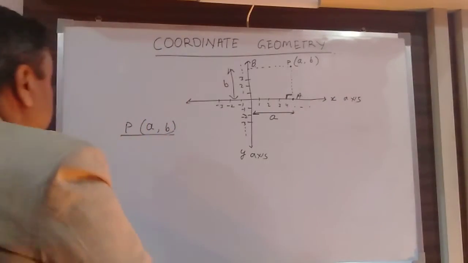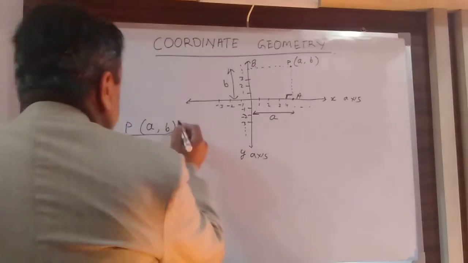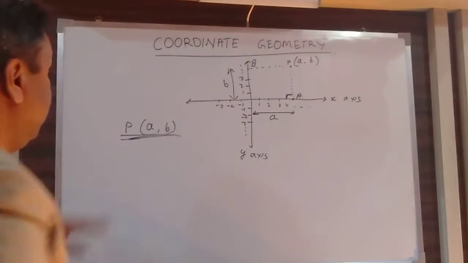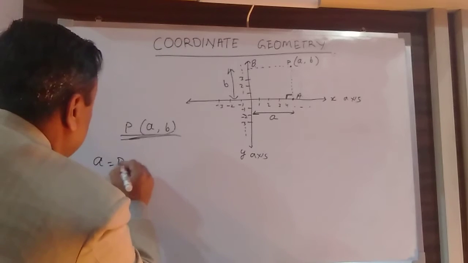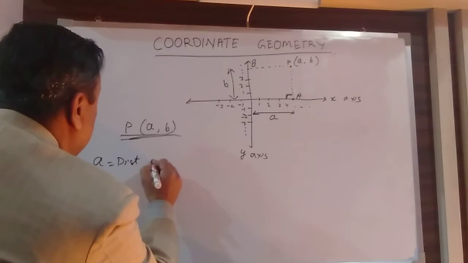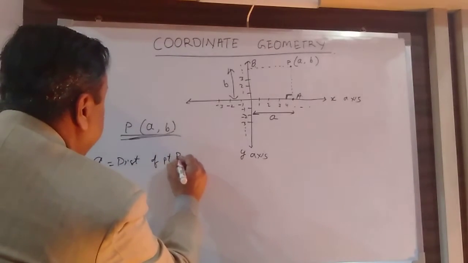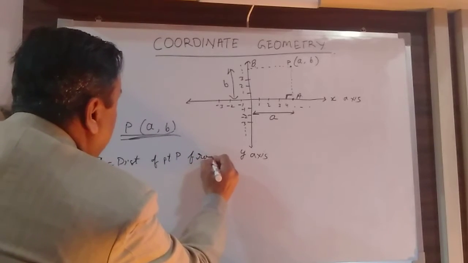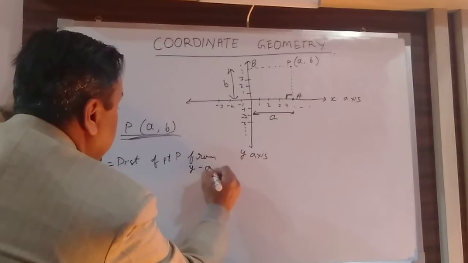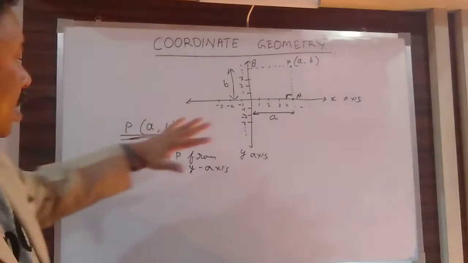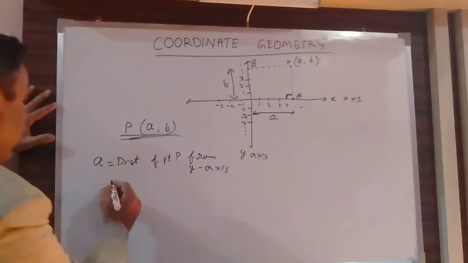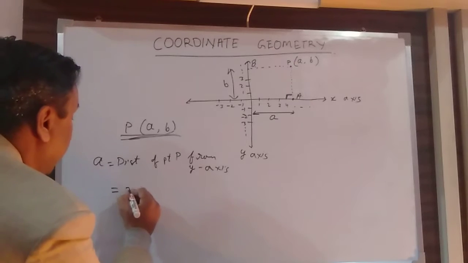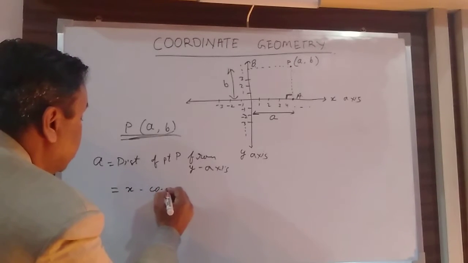Now, there is another thing. This A is, as I told, the distance of point P from the y-axis. The same A is also called the x coordinate.